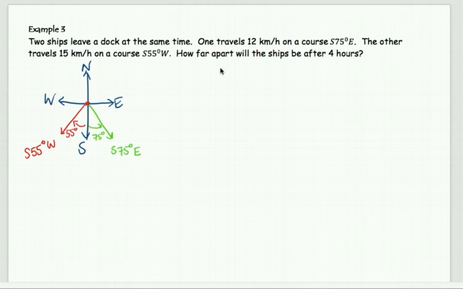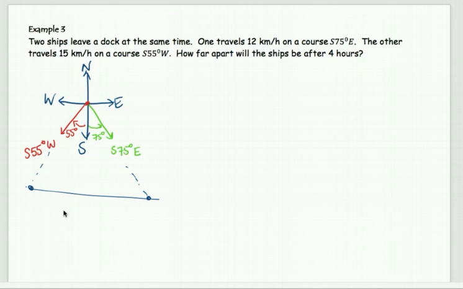So we need to figure out how far they would have traveled. So basically, we have different speeds here. So they're going to keep going and going, and at 4 hours later, we're just going to check right now and see how far apart they are. Okay, how far apart they are.